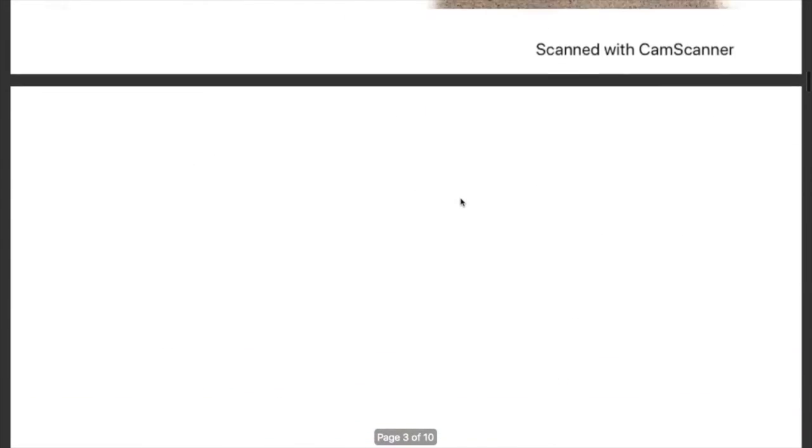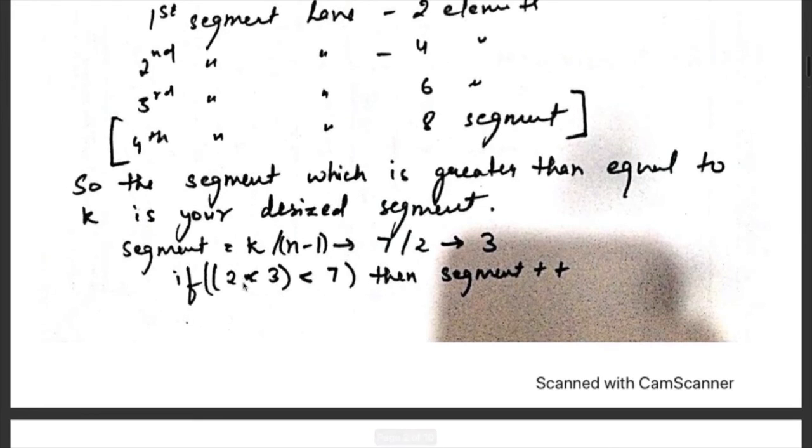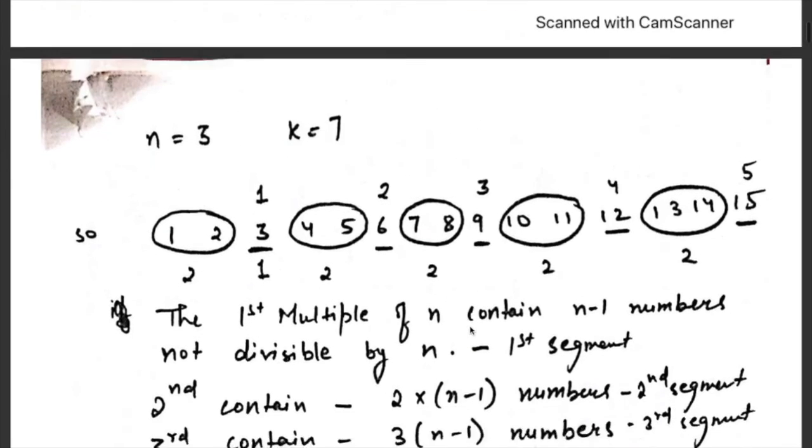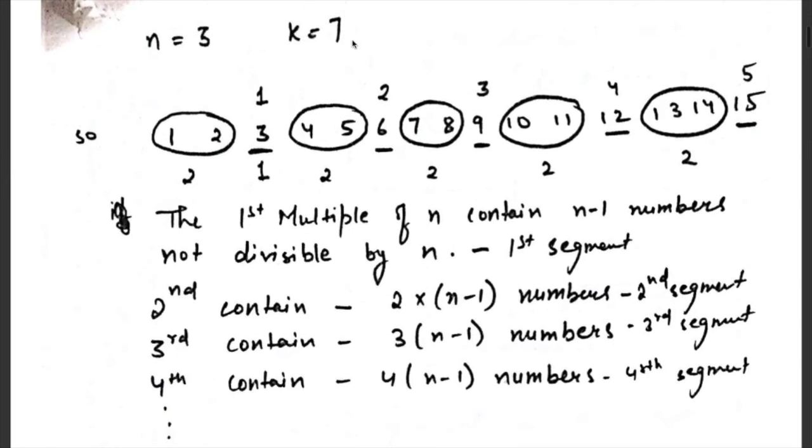So we check that if n minus 1 times the segment resulting from this equation is less than 7, then we simply increment our segment, or else we have already found our segment. After we have found our segment, the fourth one, we simply do k plus segment minus 1.